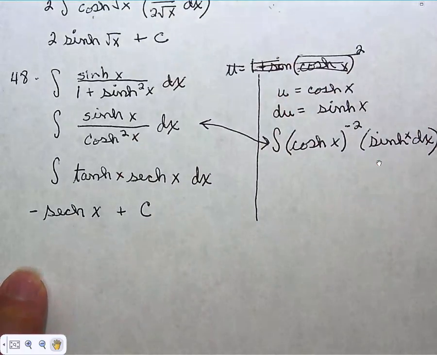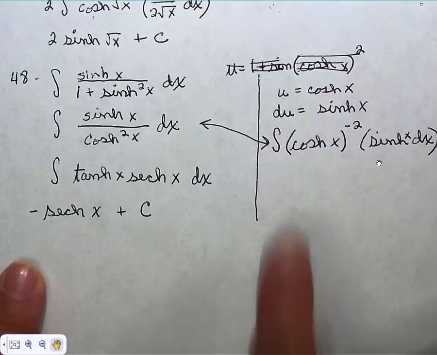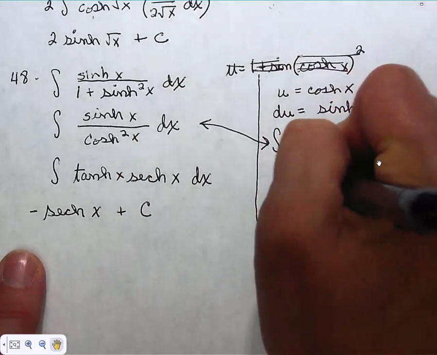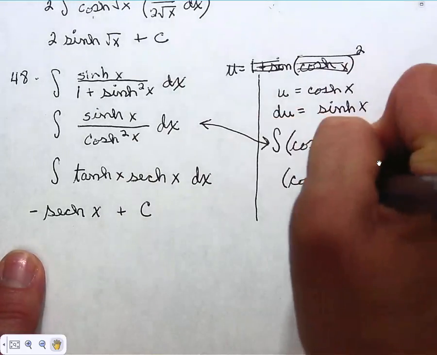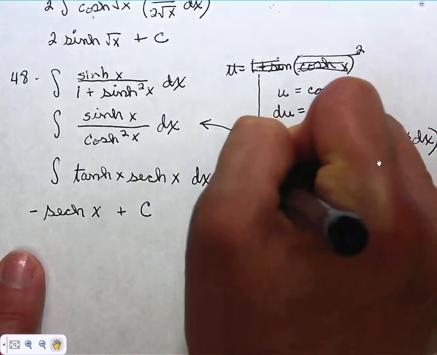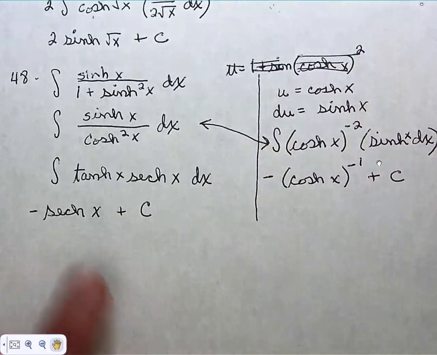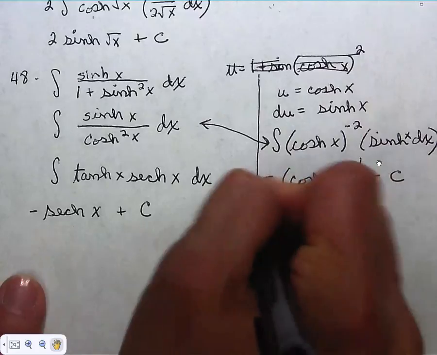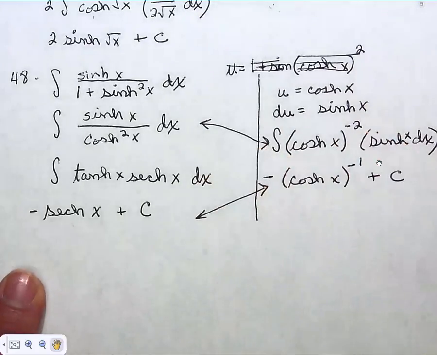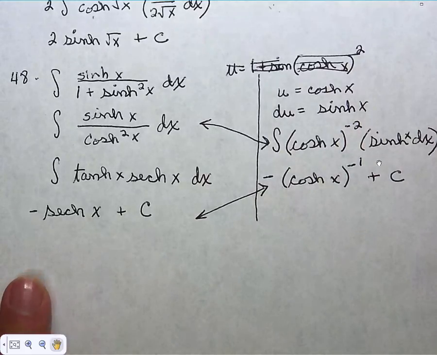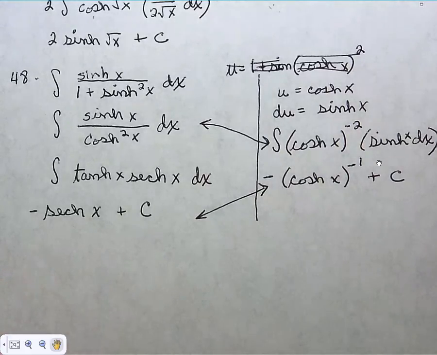Yes, it is. And so how do you integrate that? Power rule. So either way works. I like that you thought of something different than I did on that, Sam.